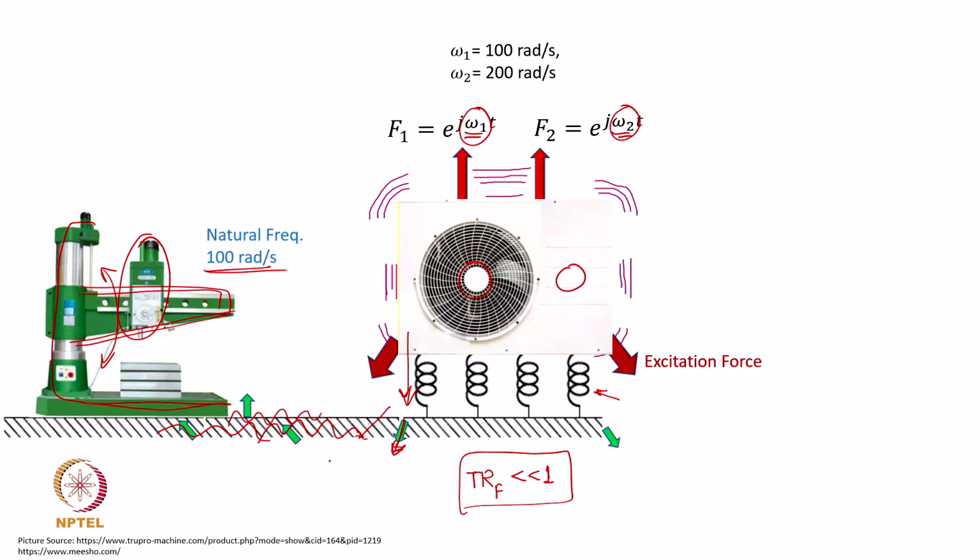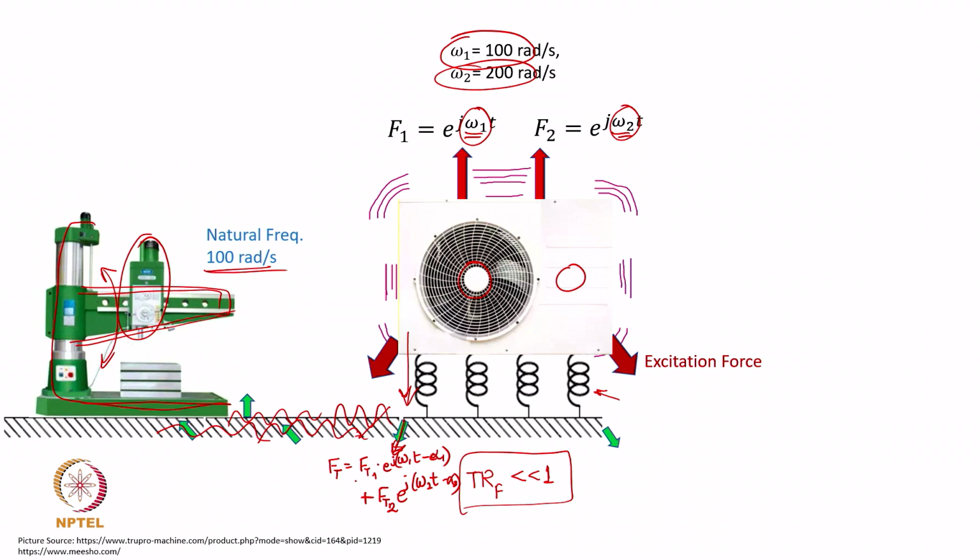The force transmitted to the ground will be the first transmitted force F_t1 e to the power j omega 1 t plus alpha 1, the phase lag, plus the second transmitted force F_t2 e to the power j omega 2 t minus alpha 2. What does that mean? That there would be two excitation base motions, one with the frequency omega 1 and another with frequency omega 2. Is that clear?